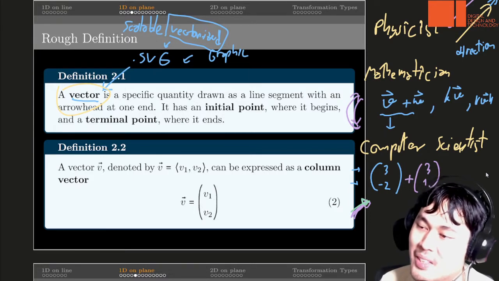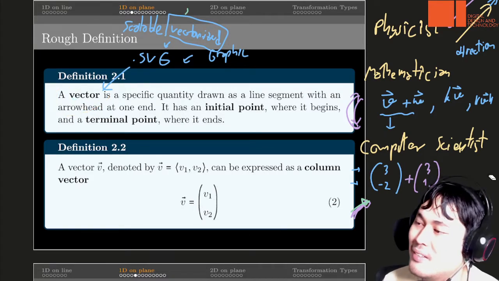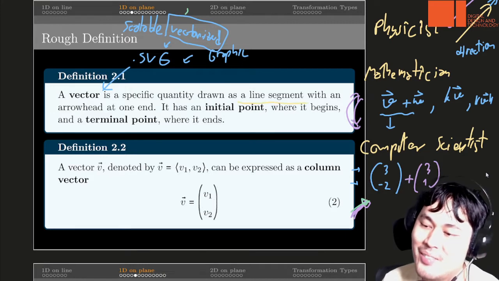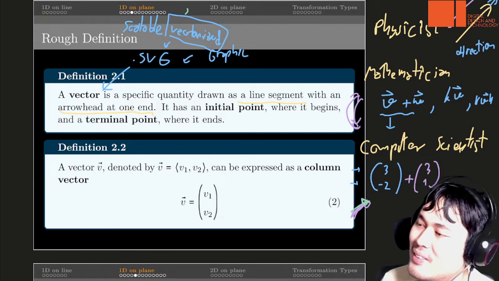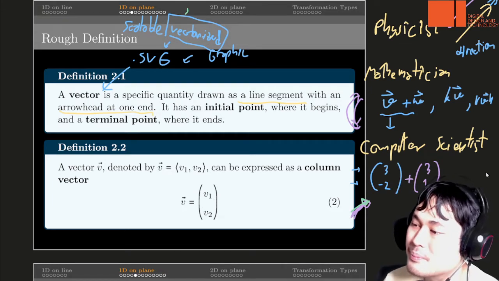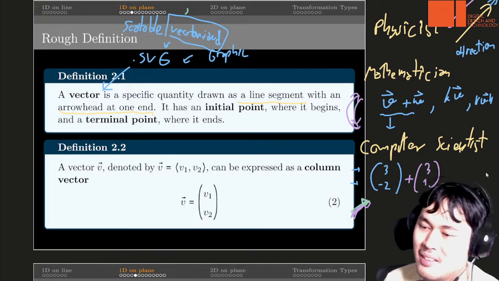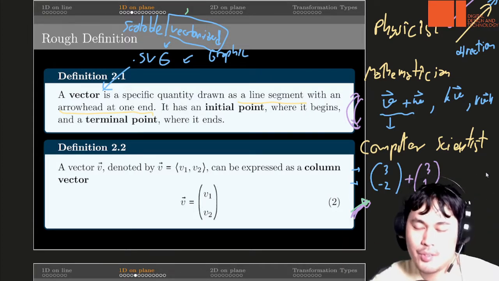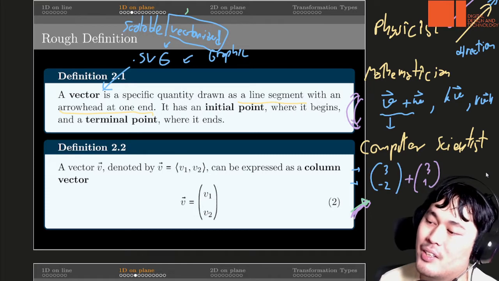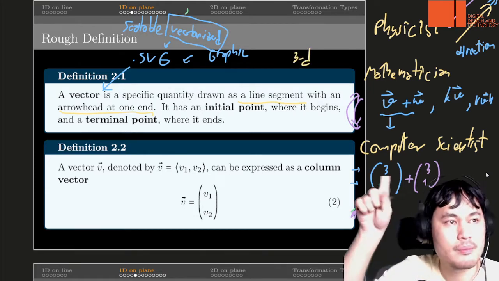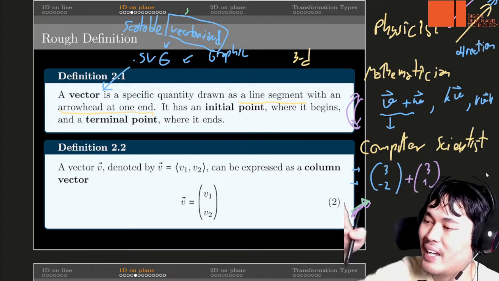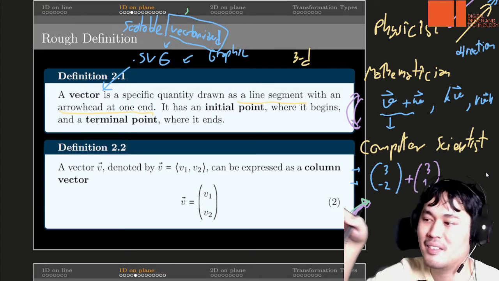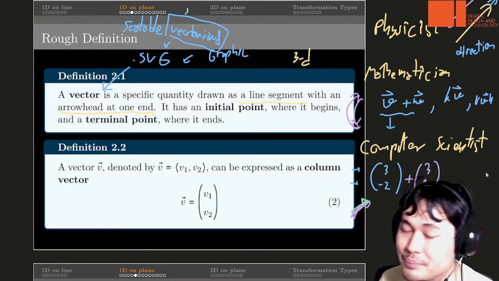And on the left there are two definitions here. The first, we define pretty abstractly as a line segment with an arrowhead at one end. Abstractly. I should also add that it is in any dimension. You can make it a 2-dimensional vector if you draw it on paper. You can make it a 3-dimensional vector if you draw it in a 3-dimensional world, as a stick of wood pointing somewhere.